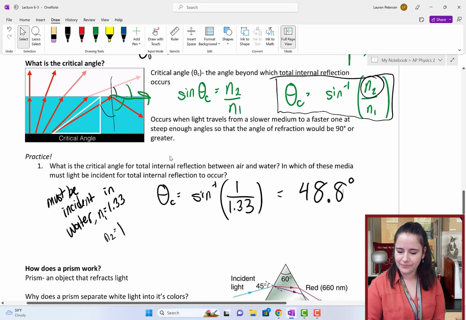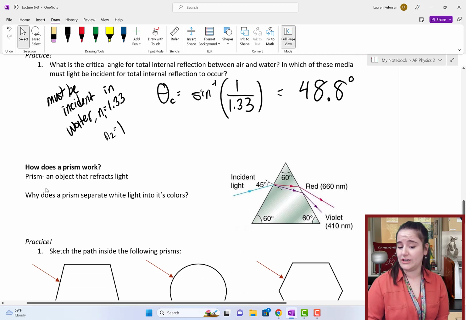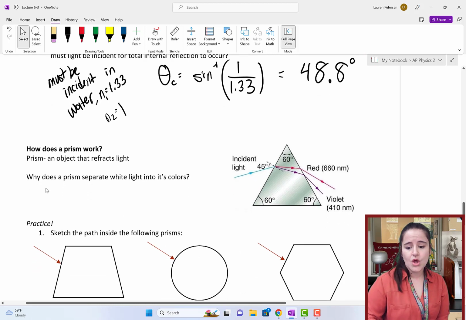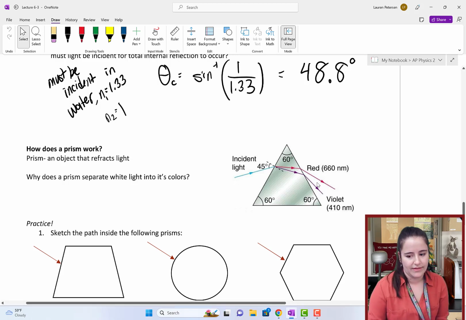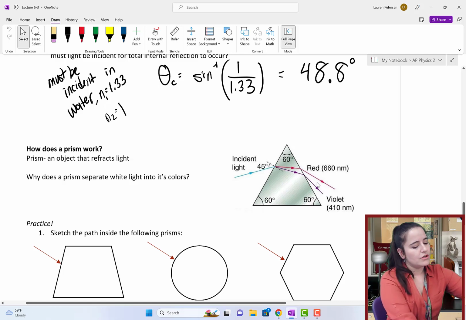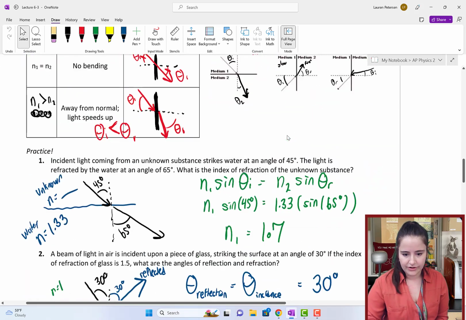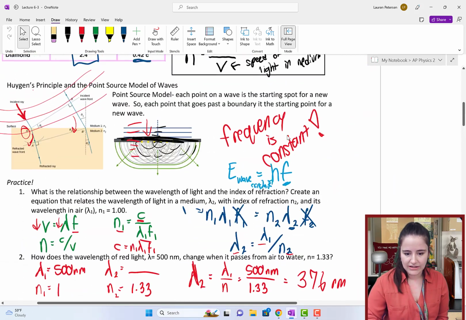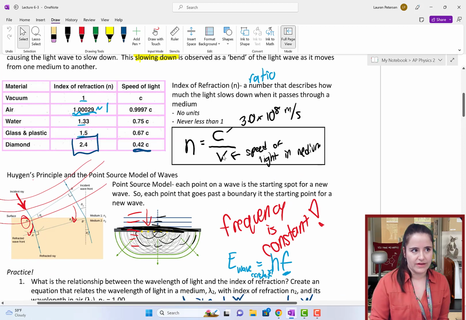That's the critical angle. Now let's talk about prisms. What's a prism? A prism is an object that refracts light. Something that we haven't talked about too much is that each wavelength of light has its own frequency. If we're looking at that index of refraction equation, each light has its own frequency and its own wavelength.